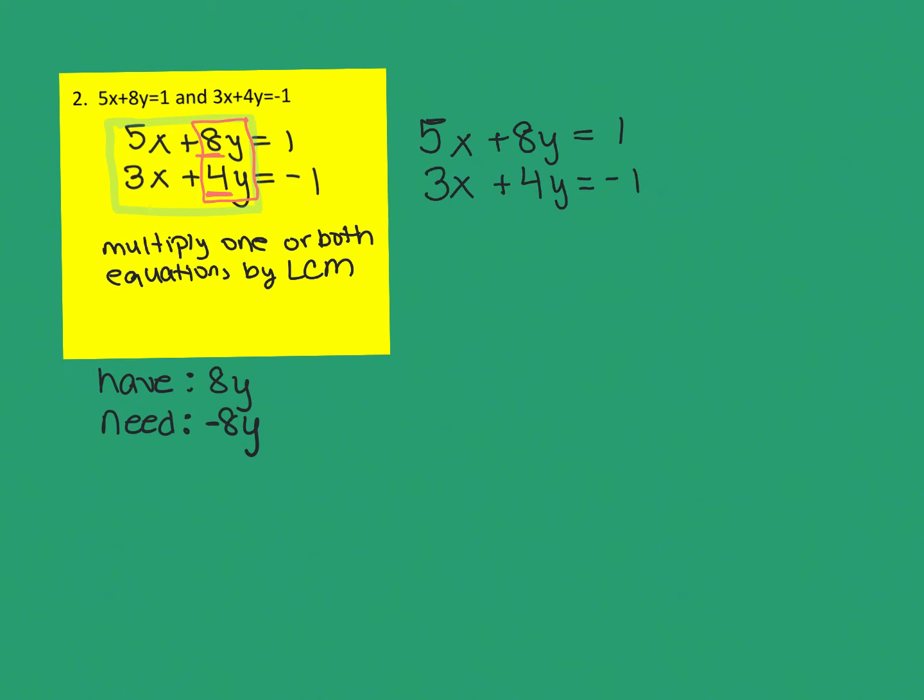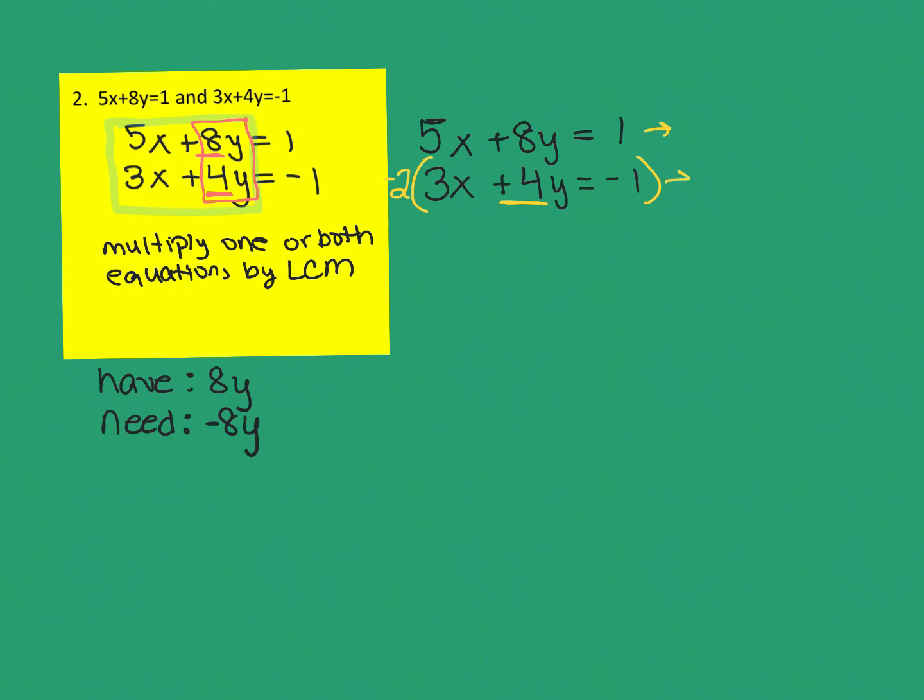Okay, remember I have the 8y, so I'm not going to change that first equation. I need a negative 8y. So I'm going to change that 4y to a negative 8, which means I'm going to multiply that whole equation by negative 2.